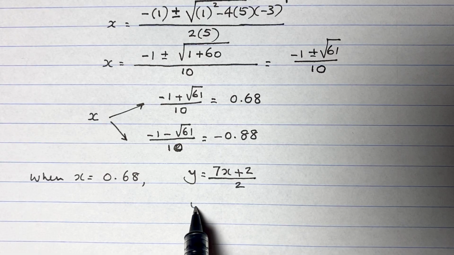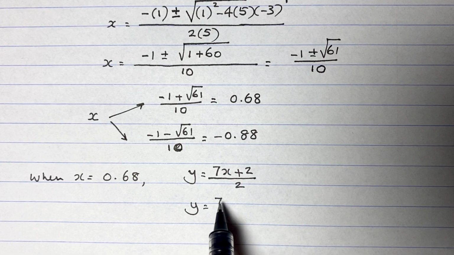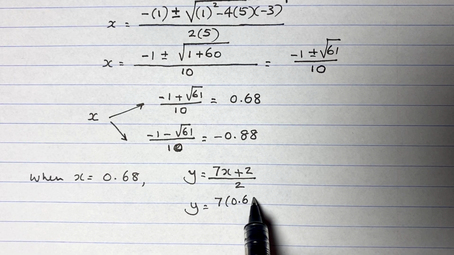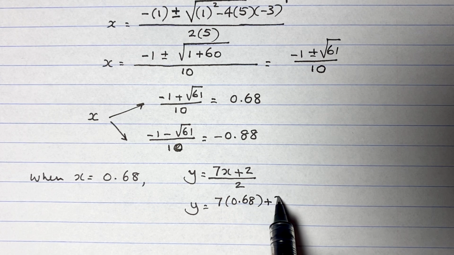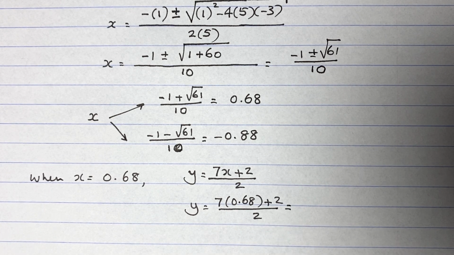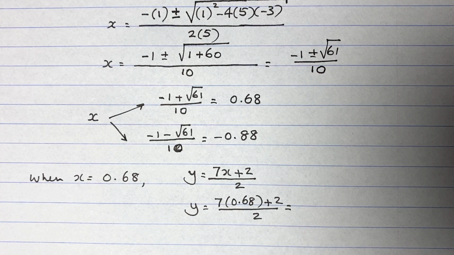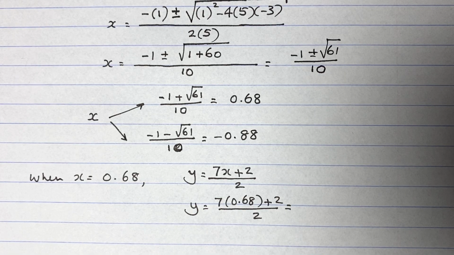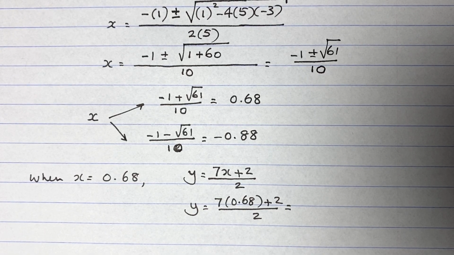And I'm going to replace x with 0.68, so 7 lots of 0.68 plus 2, divided by 2.